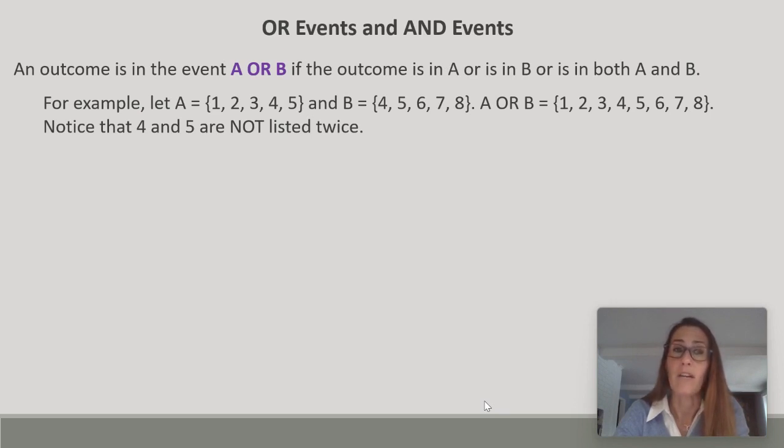So it's all the numbers that are in A or B or both. But we do not write numbers 4 and 5 twice. We don't write things that happen in both A and B twice. We only list them one time.